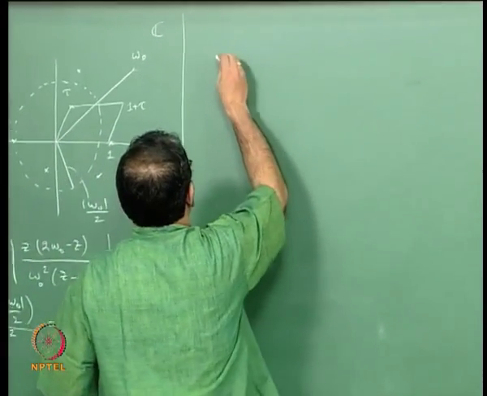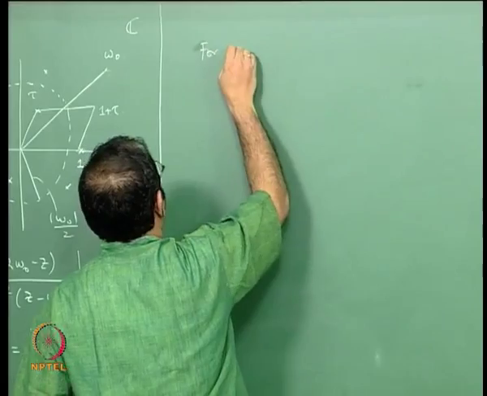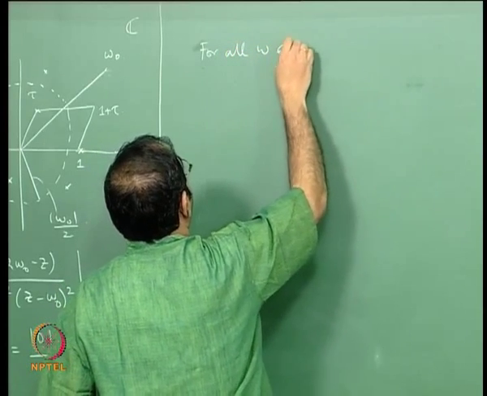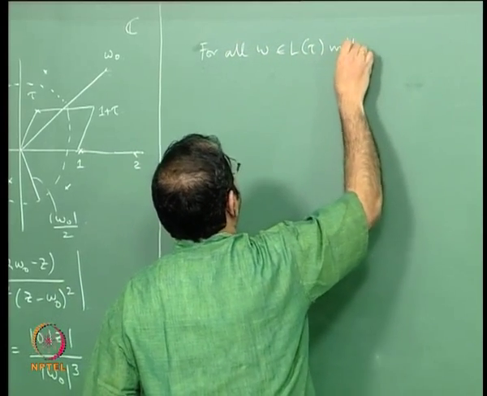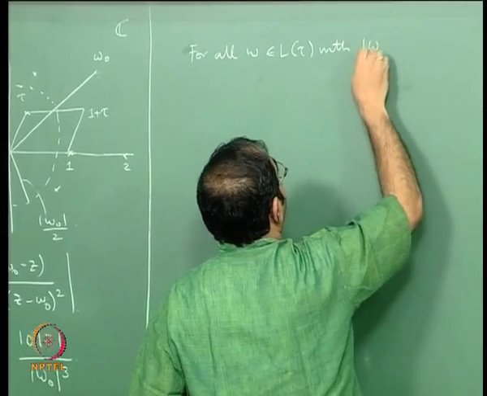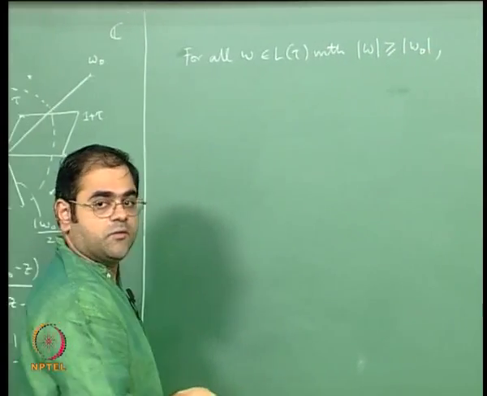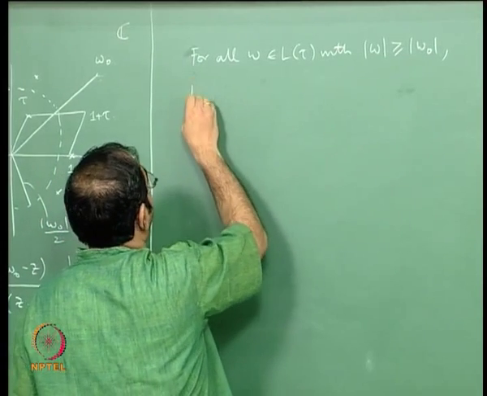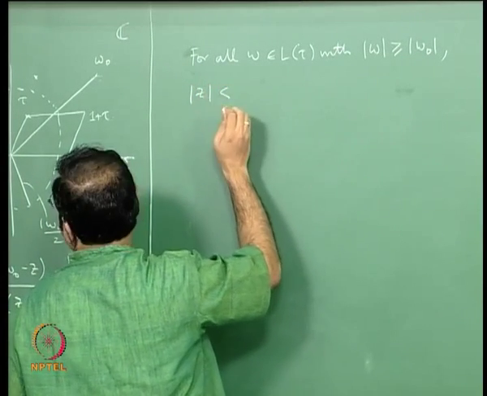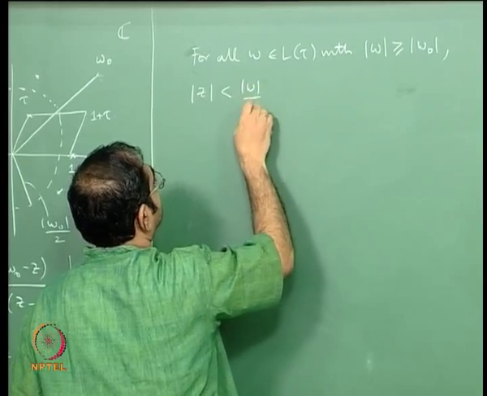So for all omega in L of tau with mod omega greater than or equal to mod omega naught, you will similarly get that mod z is certainly less than mod omega by 2.